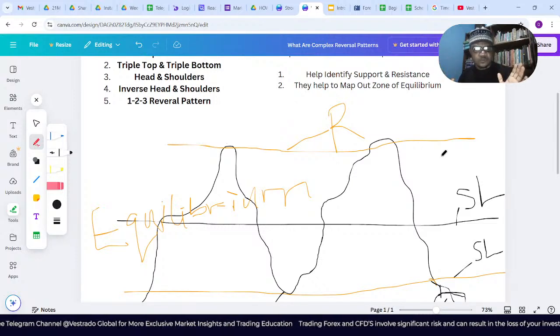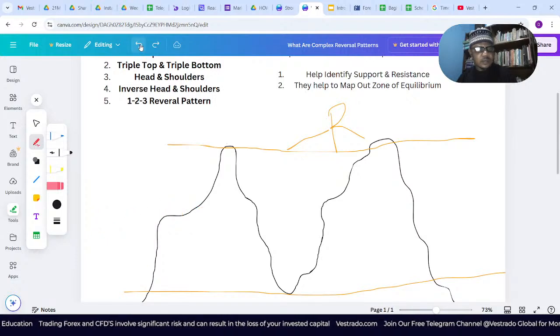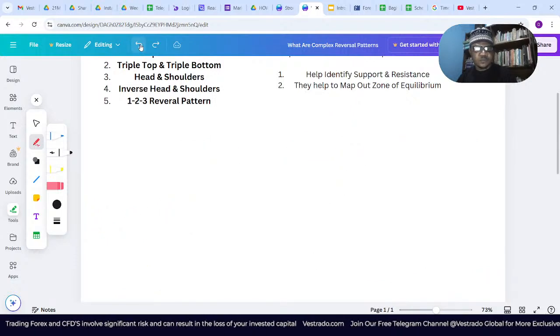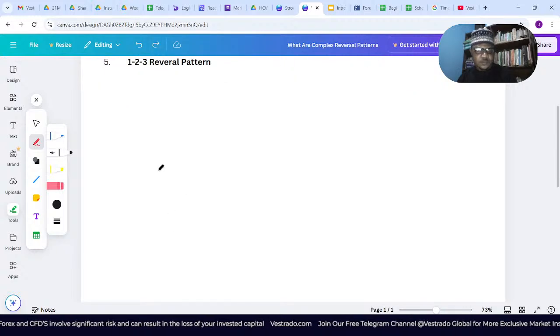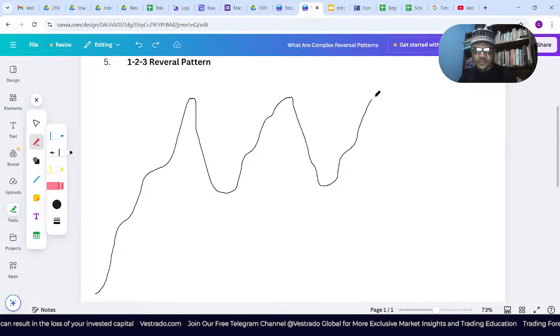This is double top. So I'm going to quickly break down all this into resistance, support, and the zone of equilibrium. So first we look at triple top, triple bottom. Let's look at triple top. 1, 2, 3.